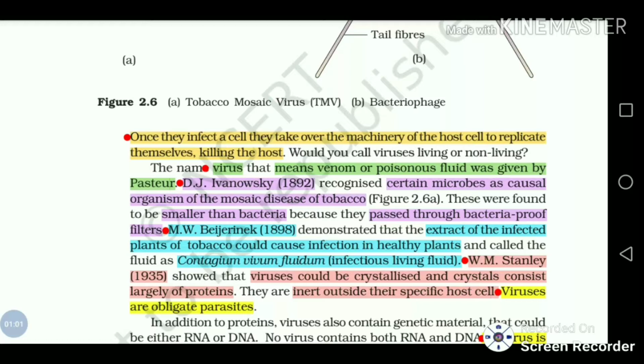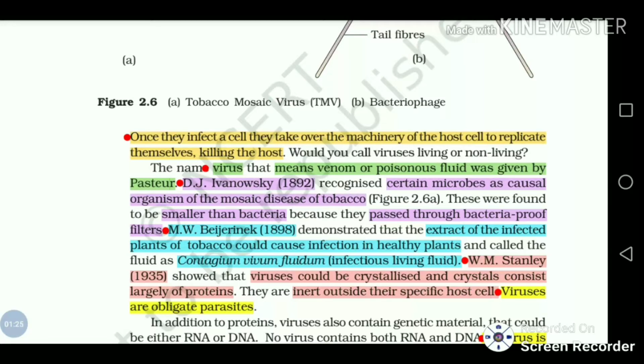The virus was discovered by various scientists, and the first was in 1892 by D.J. Ivanovsky, who recognized certain microbes as the causal organism of the mosaic disease of the tobacco plant that was smaller than bacteria and could pass through a bacteria-proof filter.